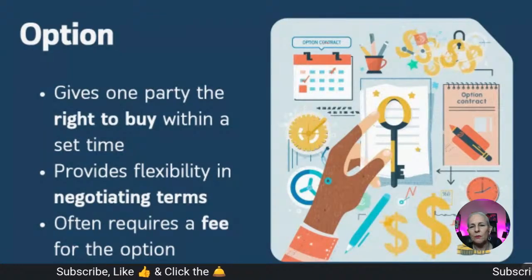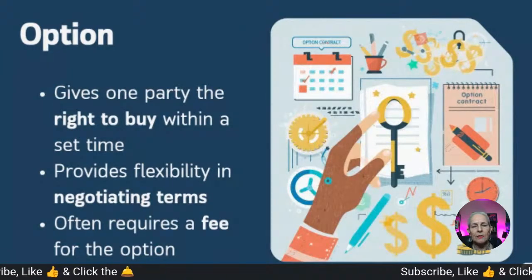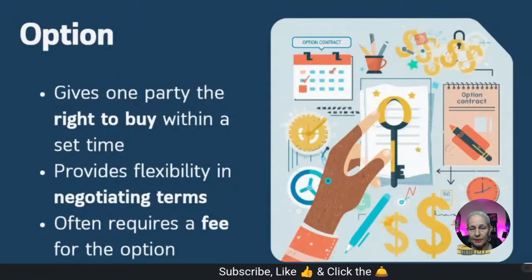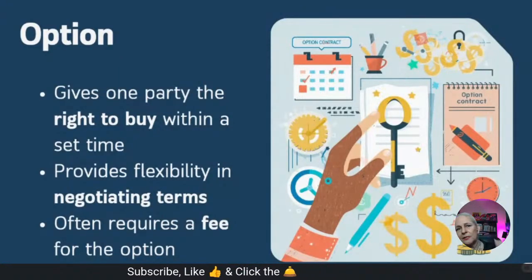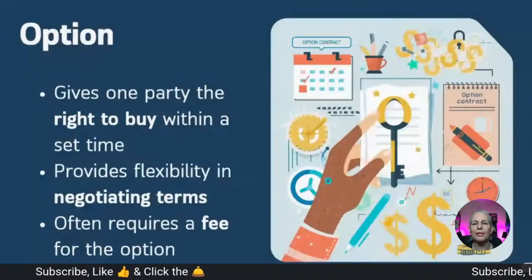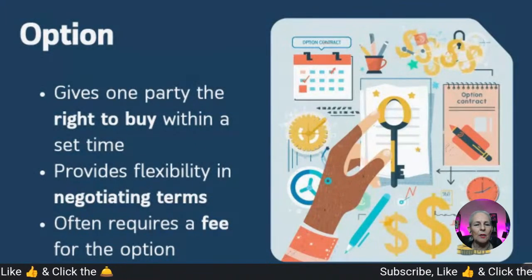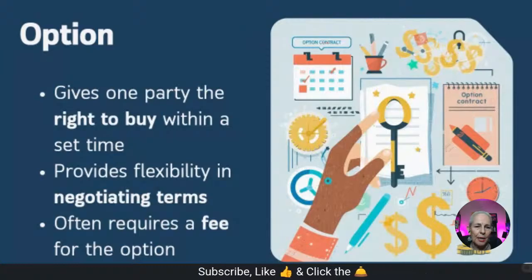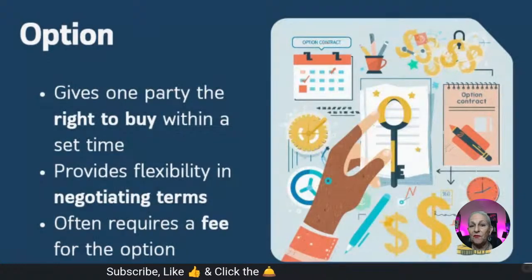If the buyer wants to do inspections, then they purchase an option period. It doesn't say, oh, I'm going to have this and this and this inspection. No, they're going to do their due diligence, and they want the owner to give them the option to do that in exchange for a fee.